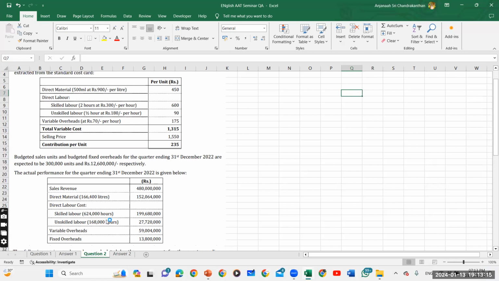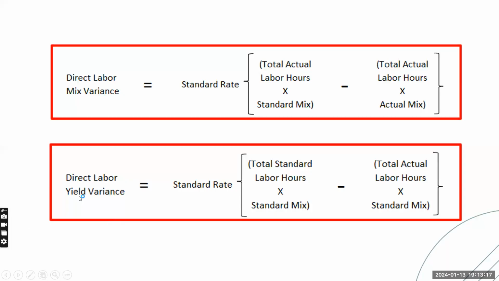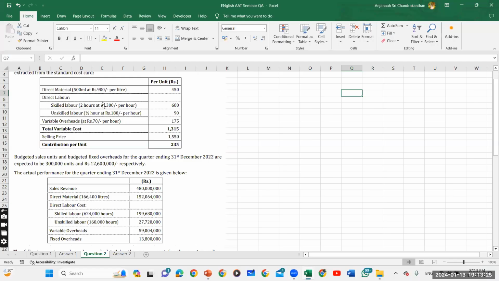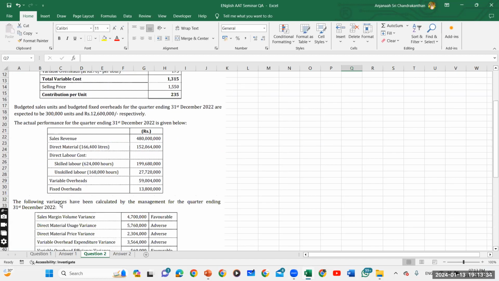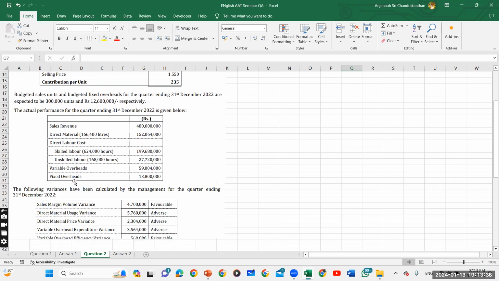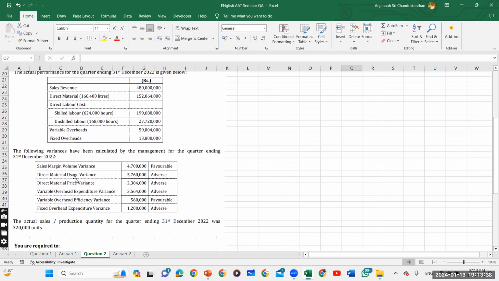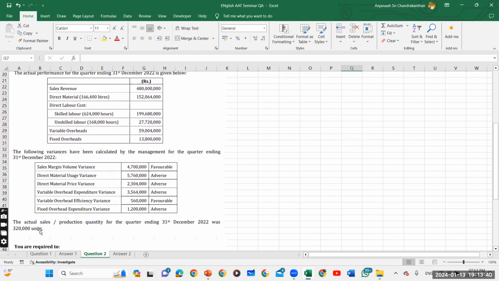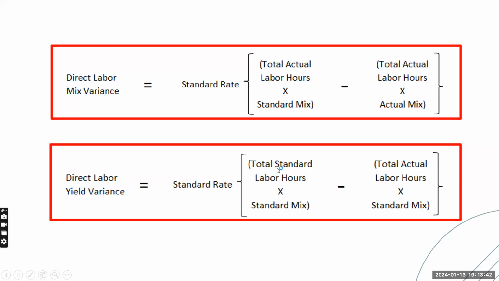Then, how do you get the direct labor yield variance? Standard rate, which is 300, multiplied by standard labor hours on actual production. What is standard labor hours? That is 2 hours into the actual production, 320,000 units.